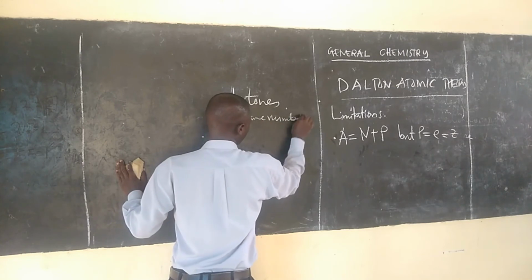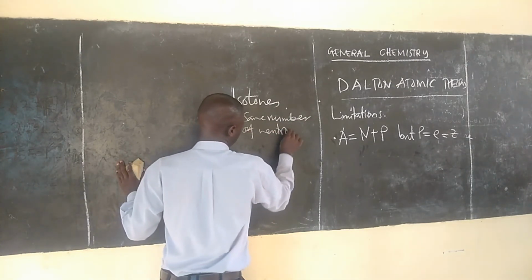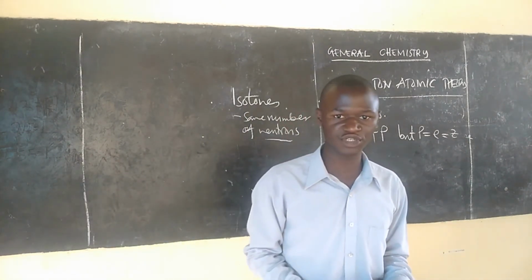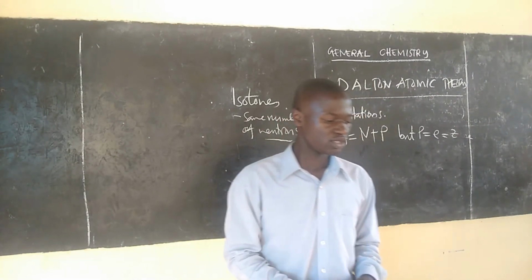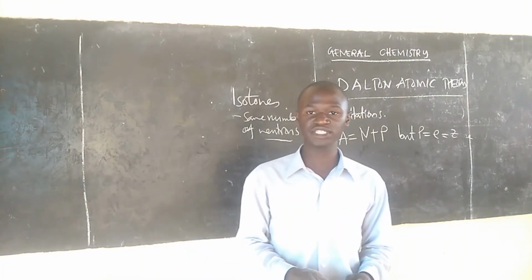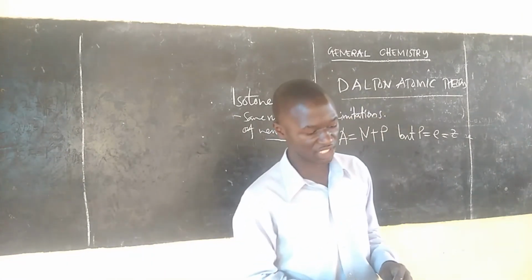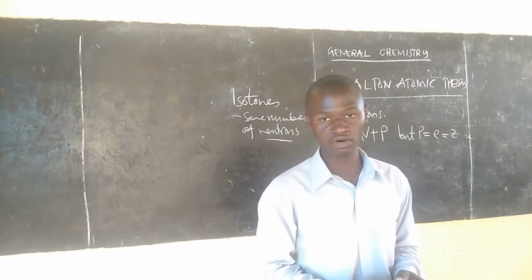So we'll discuss them later in detail when we discuss the fundamental particles of an atom. So we may conclude that presence of isomers makes the assumption that atoms of different elements are different in all aspects incorrect to a small extent.